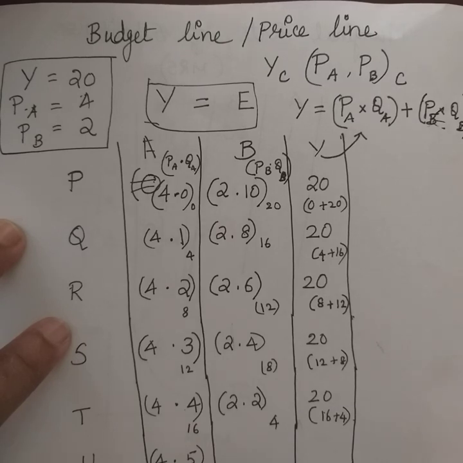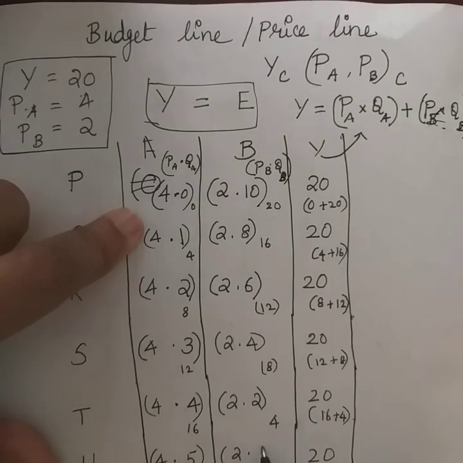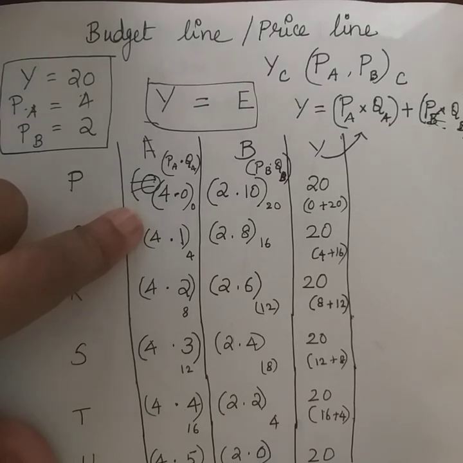So the entire income 20 is going to be spent on this commodity itself. That means no income is left for spending on the other commodity. 0 is purchased over here. So this would be 20 plus 0, and that is 20.